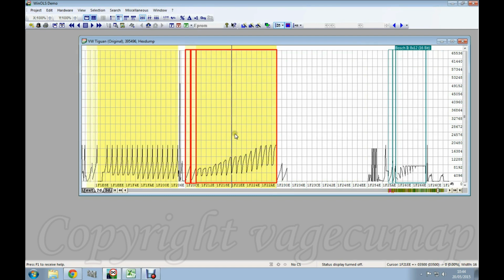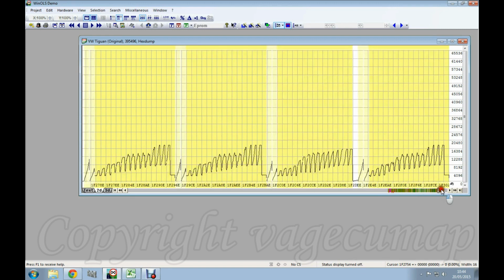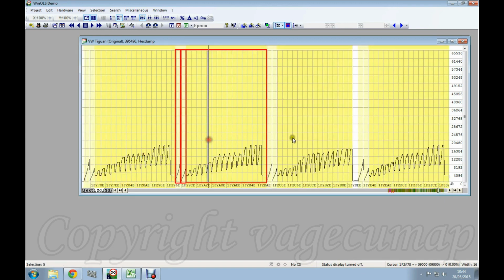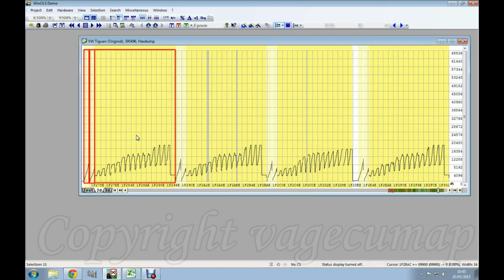That could be the maximum at any particular point, and then this could be values that the system is going to be using while it runs. If you want to change these values, it's very difficult to know what you should change them to and how much difference that's going to make. The obvious difference is that if you make them too high, what you're going to do is damage the pump or damage the injectors or cause some problems. So what you don't want to do is raise the values too high.